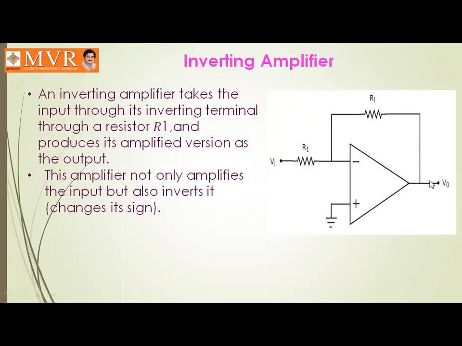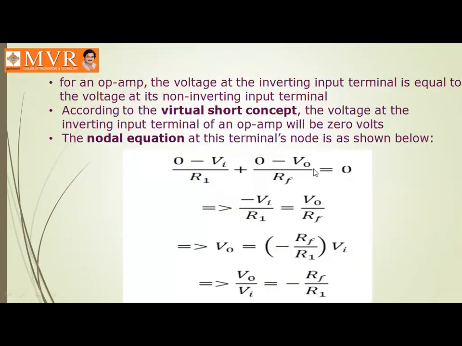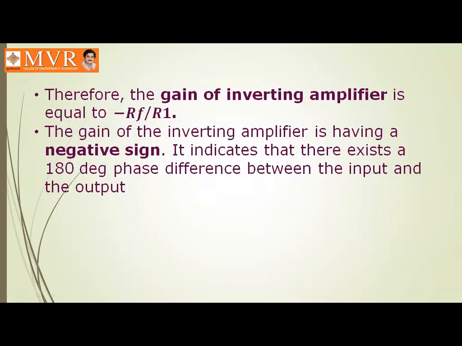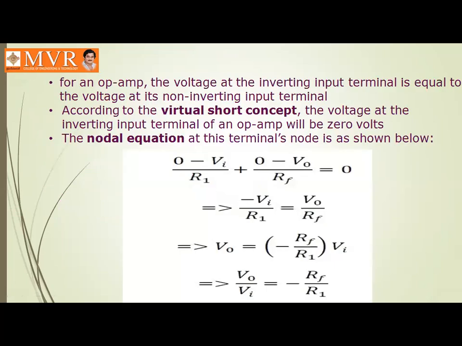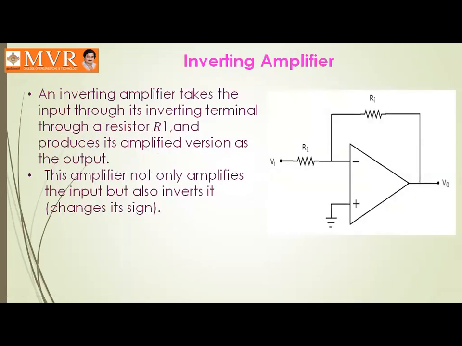So the output is going to be inverted, and the gain is going to depend upon the Rf and R1 factors. So this is the operation of the inverting amplifier. Therefore, the gain of the inverting amplifier will be Rf by R1, and the negative sign indicates that there is a phase shift. So this is Opamp as an inverting amplifier.